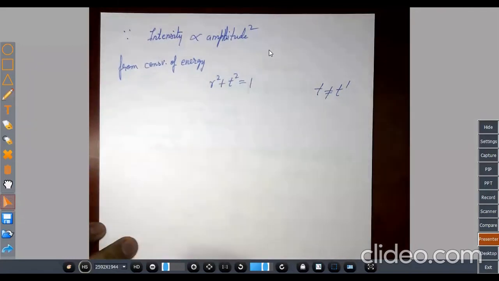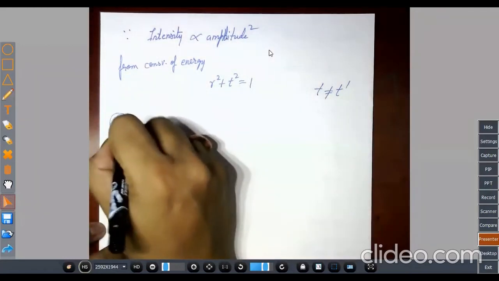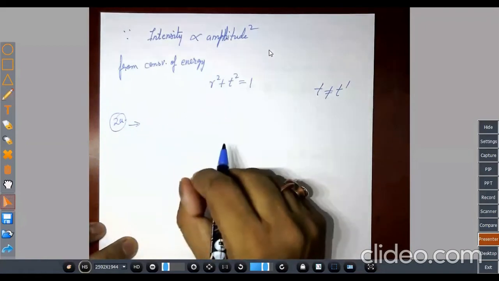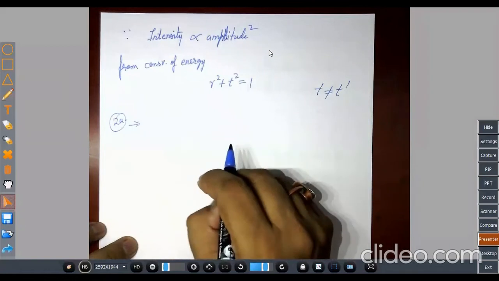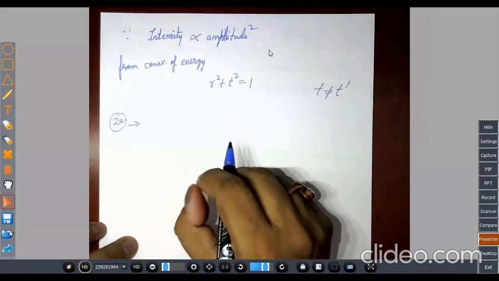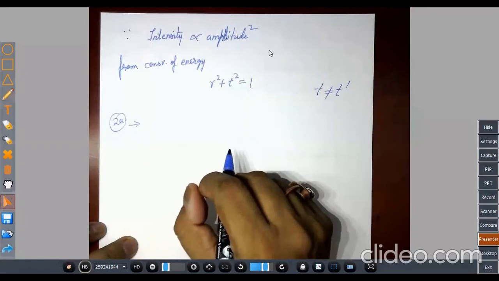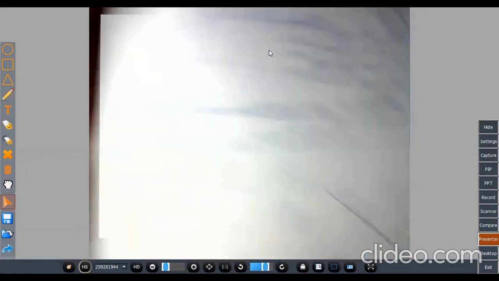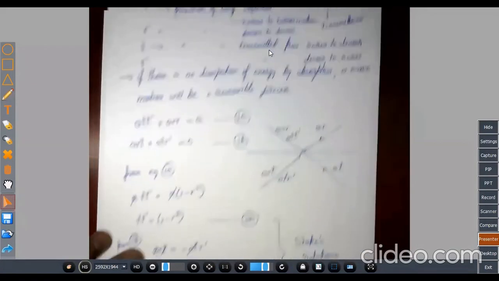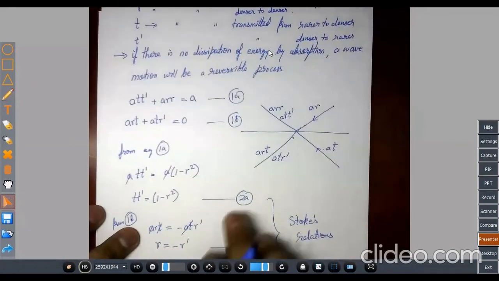Now from equation 2a, just see this. This is equation 2a.